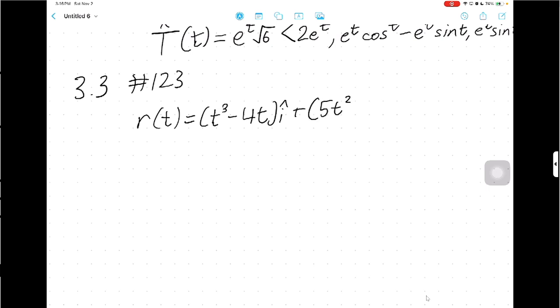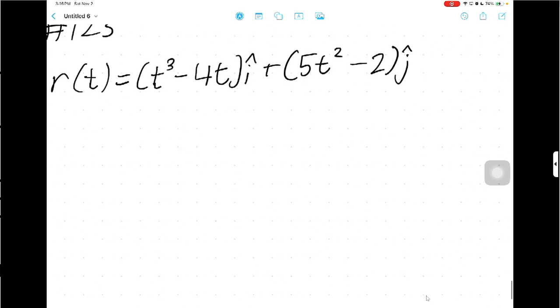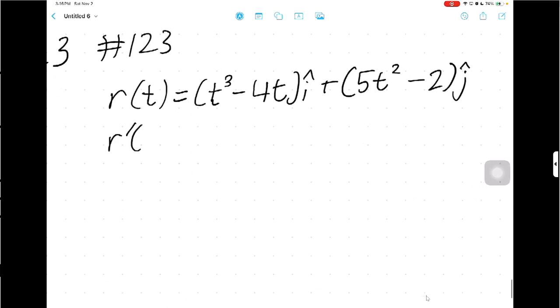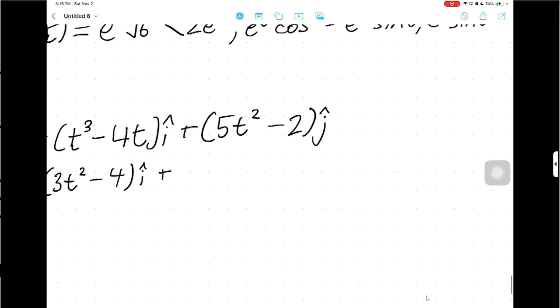Plus 5t squared minus 2j. R prime of t is equal to 3t squared minus 4i plus 10t j.